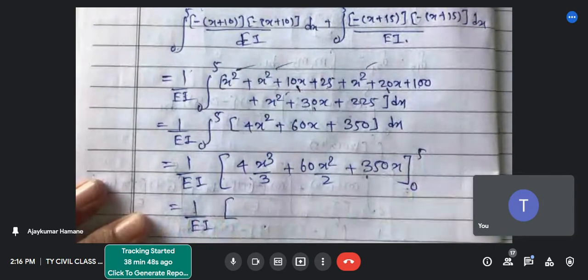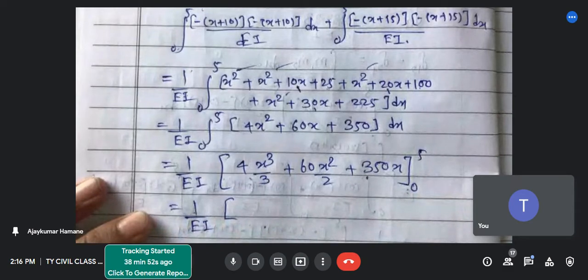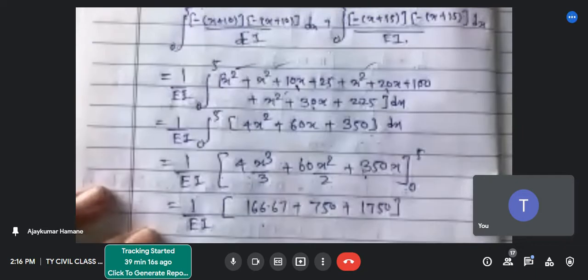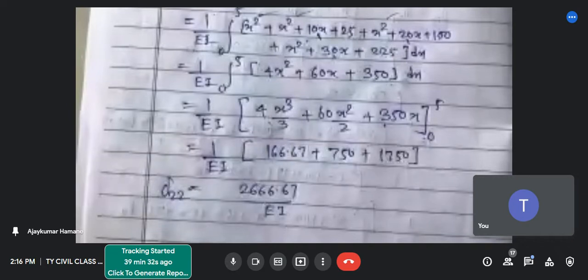So 1 by EI, 266.67 divided by EI, delta 2 2.